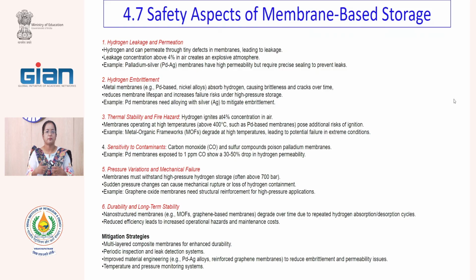Pressure variation, also the pressure coefficient variation, should be minimized, and that is why we have to have some mitigation strategy like periodic testing. We can have some composite materials, or we can have regular monitoring of the temperature and the pressure system.